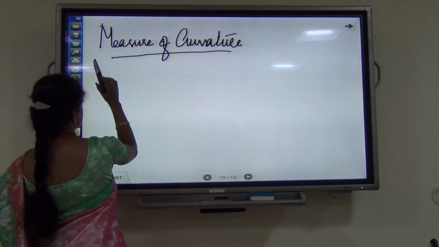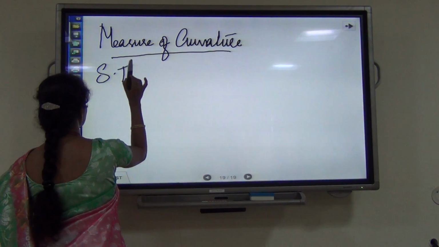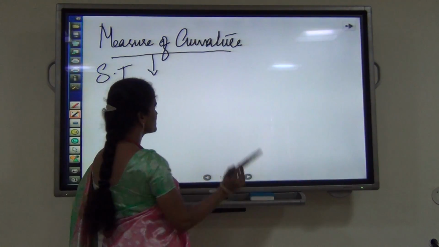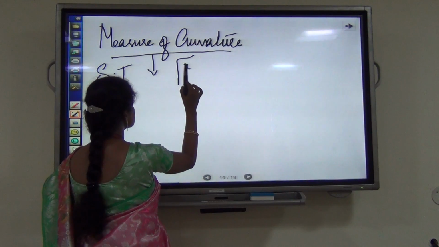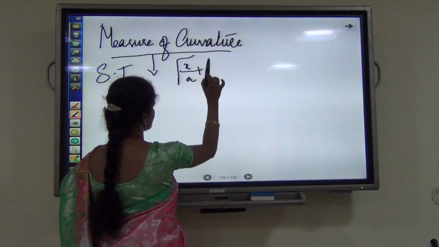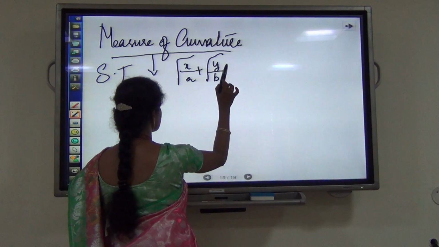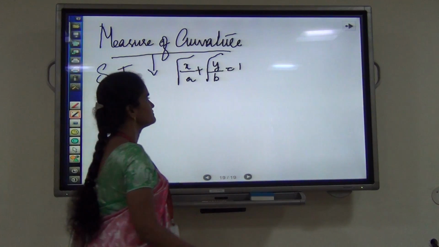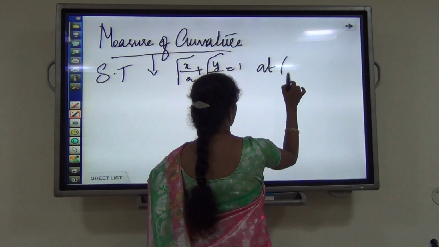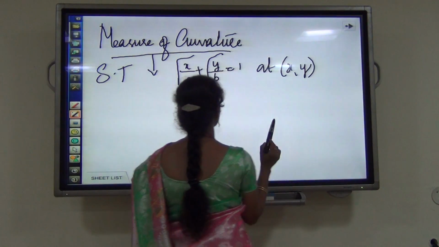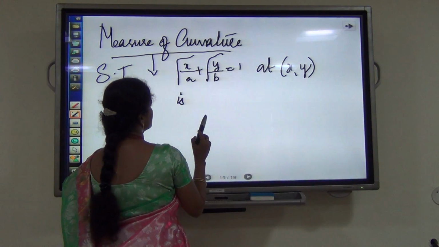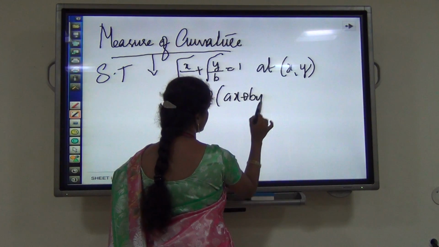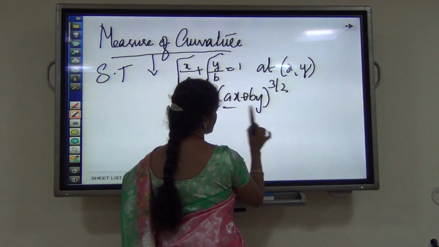We are going to prove that the measure of curvature of the curve square root of x by a plus square root of y by b is equal to 1, at any point x comma y, is 2 times (ax plus by) to the power 3 by 2 by ab.